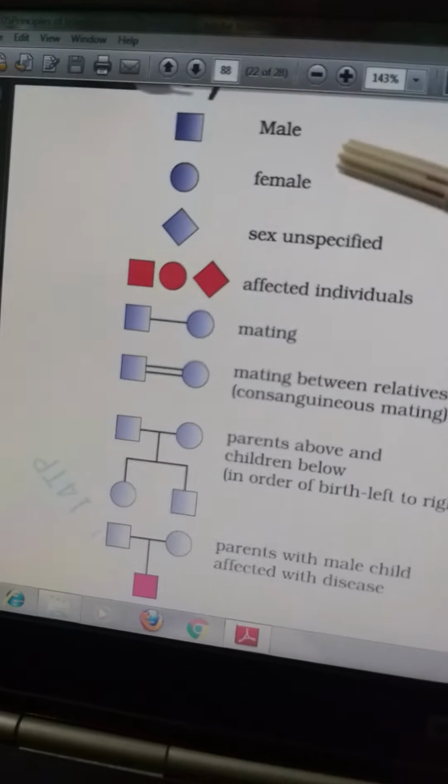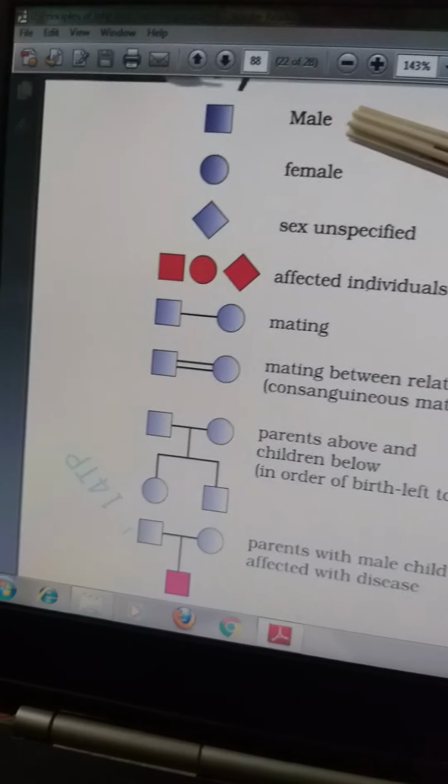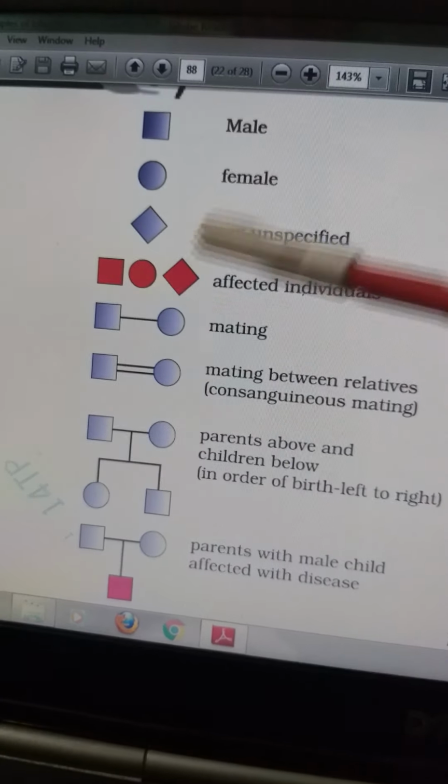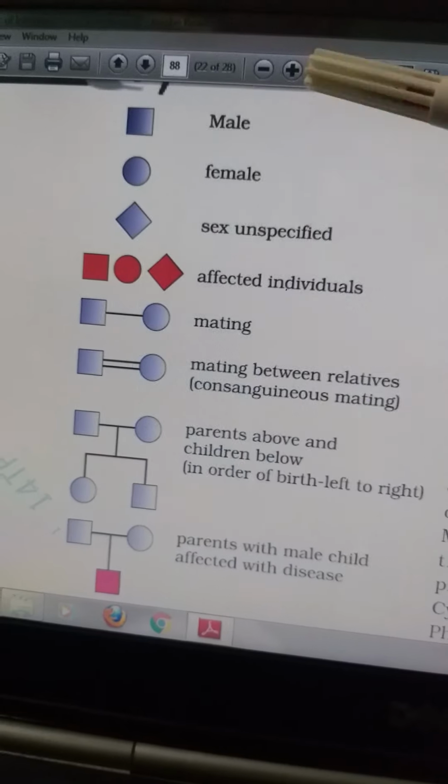Now here, if you focus, this is just an example of pedigree analysis. For example, there are certain color codes and symbols used together.